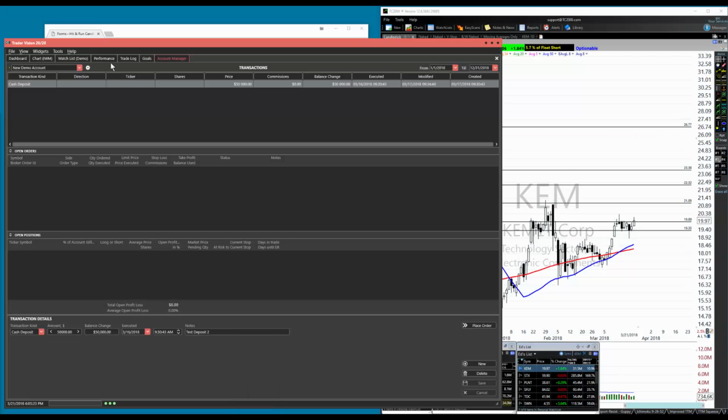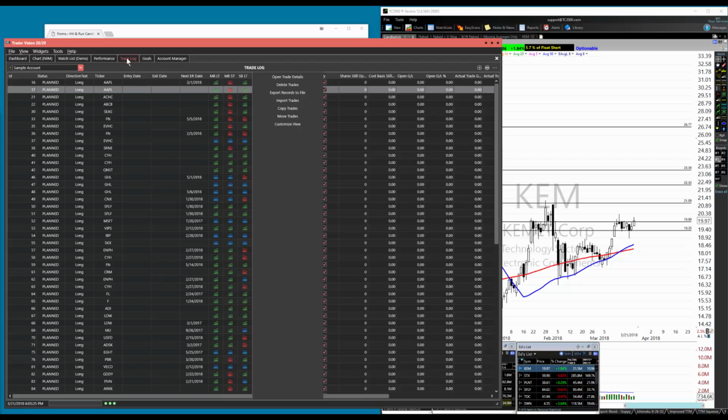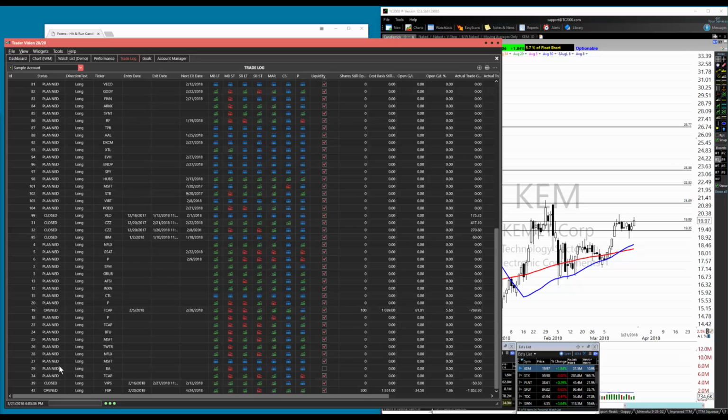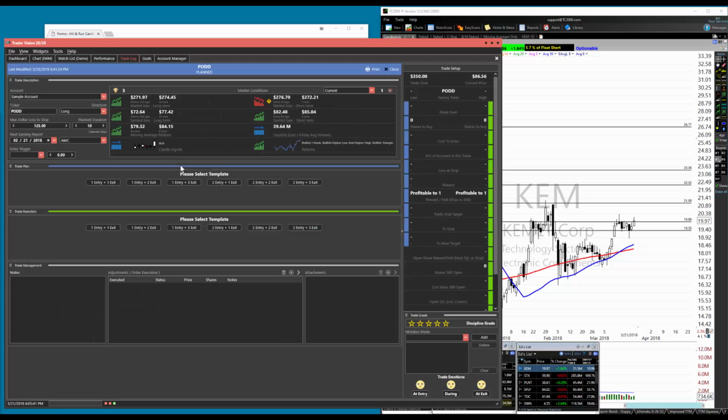The historical data change. As of version 120, let's just find a recent one here. There we go. This is downloading historical data from a different source, and you can see it's fairly quick.